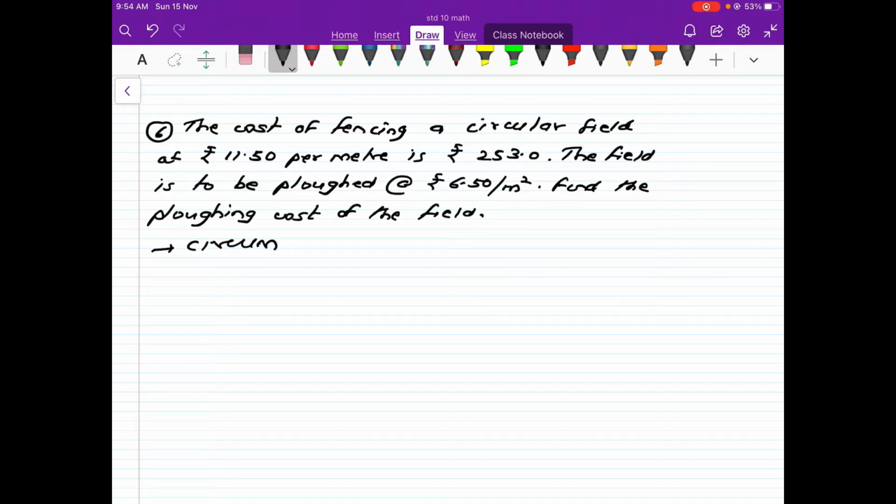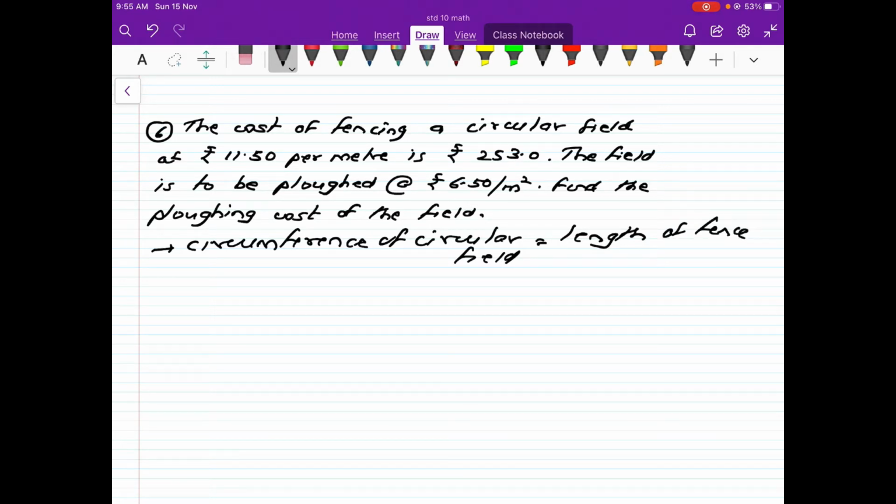So circumference of the circular field is nothing but the length of the fence. Both are the same thing. So we will equate this.